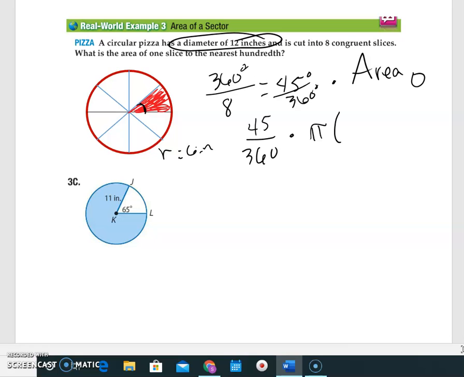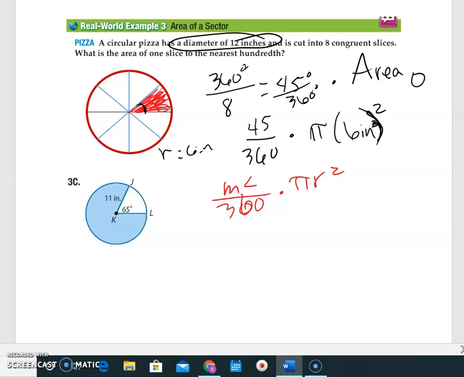And so if I'm going to do radius squared, I'm going to take 6 inches squared. Let me write that back out here. What we did is we took the measure of the angle over 360 times pi times radius squared, which is the area of the whole circle. So that's how we came up with that equation above there.